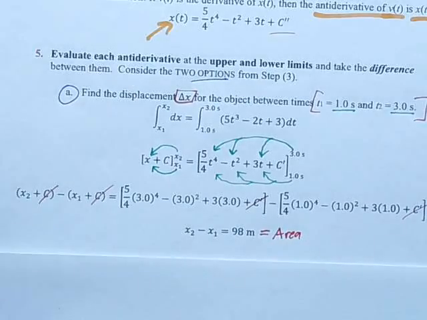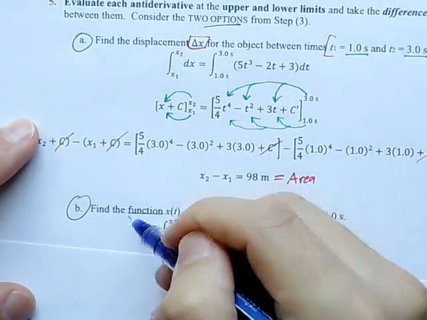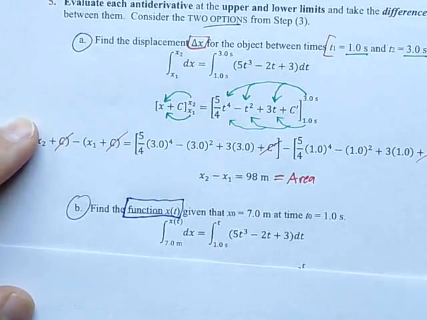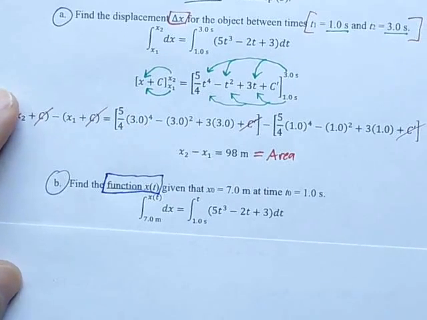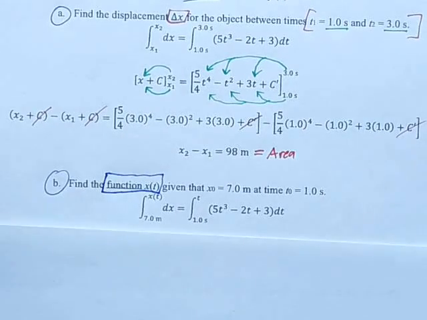That was option 1. Now, option 2. Here what we want to find is the function x of t. So not some specific displacement, but since we know velocity is a function of time, we want to find position as a function of time. Now we're aware that we need some extra piece of information.